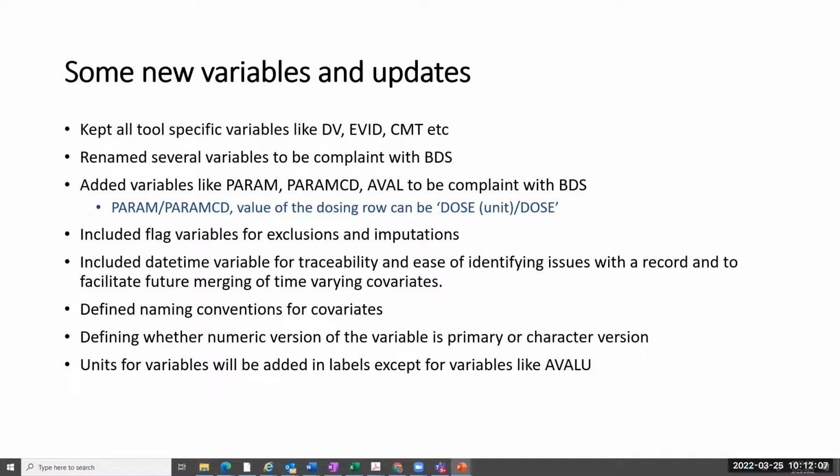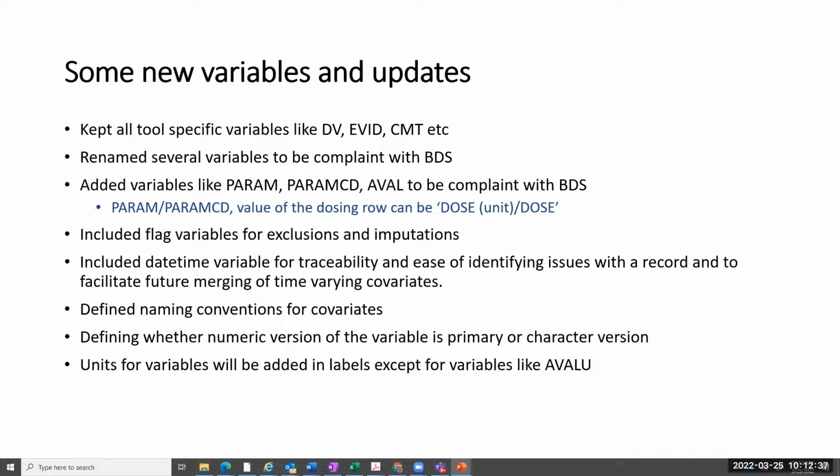We also included some flag variables for exclusion and imputations. What that means is, these are not 1 and 0 flags. These are the variables that identify if a particular dosing record or a PK record has any issues and potential exclusion in the analysis, then they will be identified in these variables.